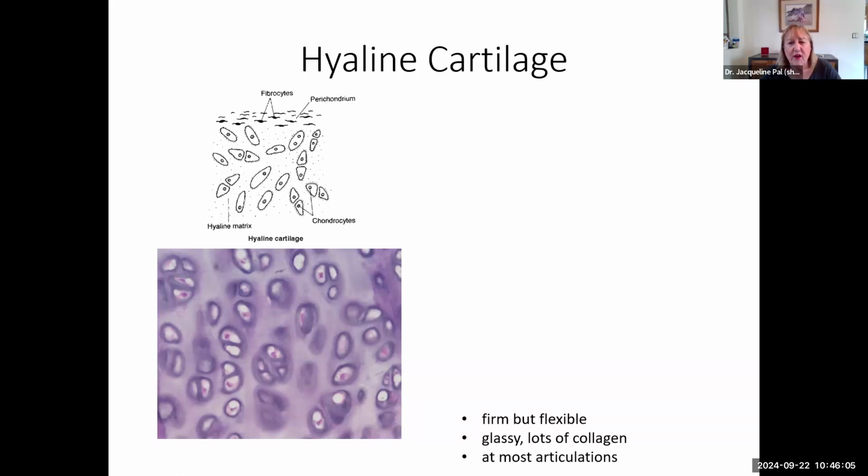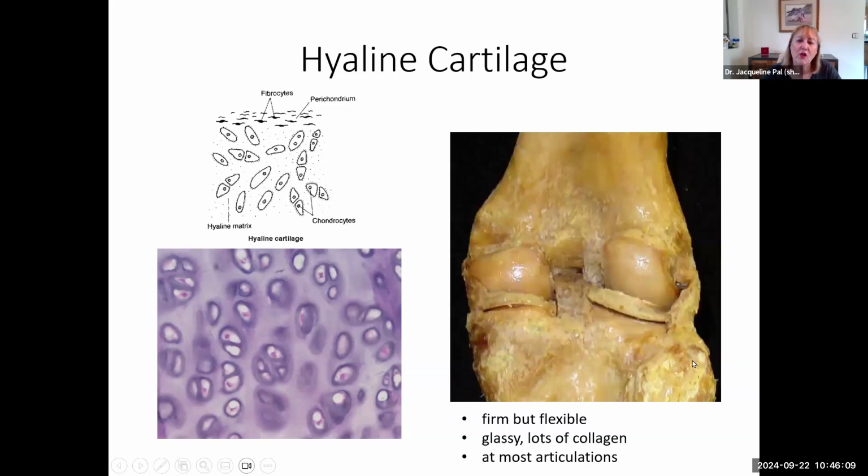And this is what we find at most of our articulations. So if we look at this, this is the back of your knee. And so your femur, your thigh bone, is up here at the top. And this is your tibia. So all your weight is coming down on your femur, going to your tibia.